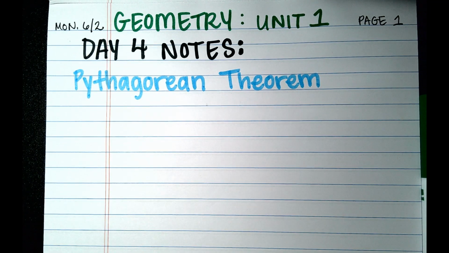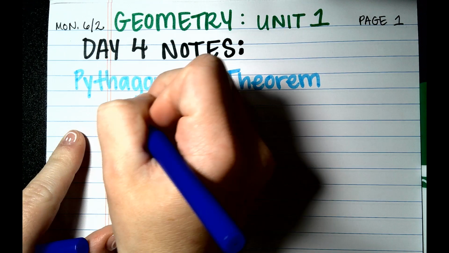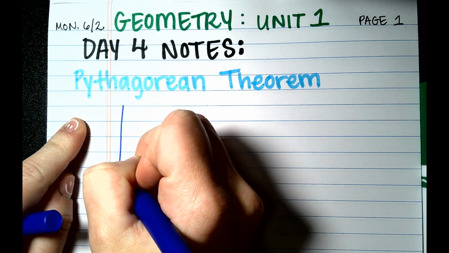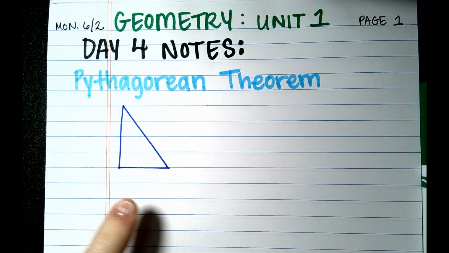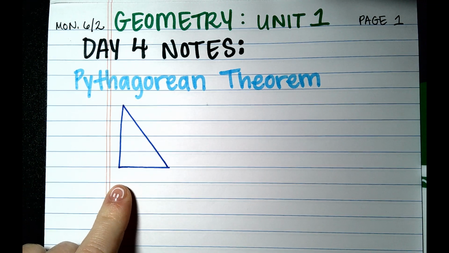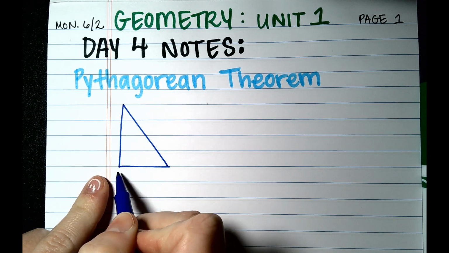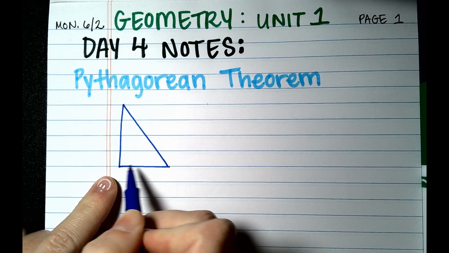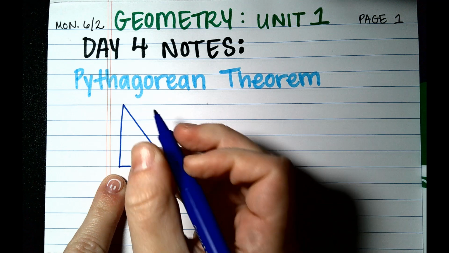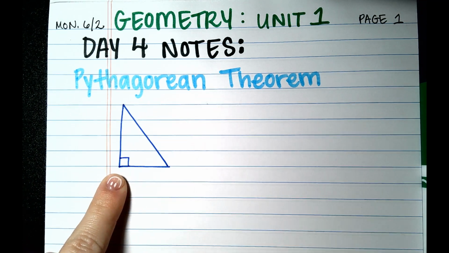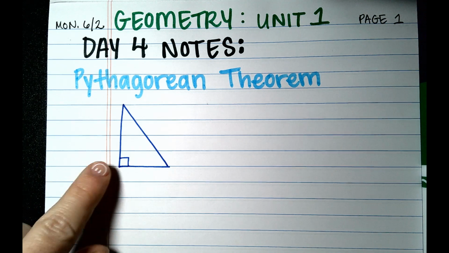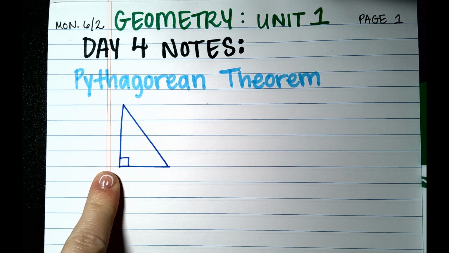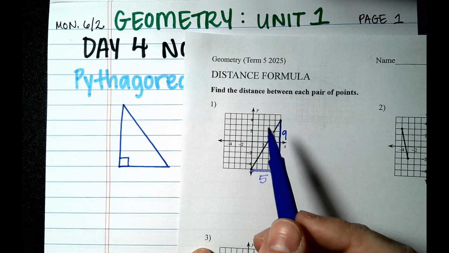But here's his theorem. The theorem is that whenever I have, I'm going to draw a triangle. When I have a triangle and the corner of this triangle creates a 90-degree angle, this has to be 90 degrees. It only works for triangles that have a 90-degree angle in it, which luckily this one does.